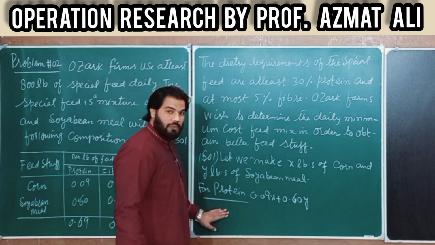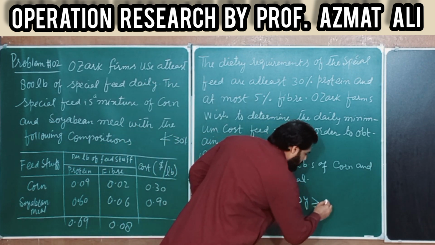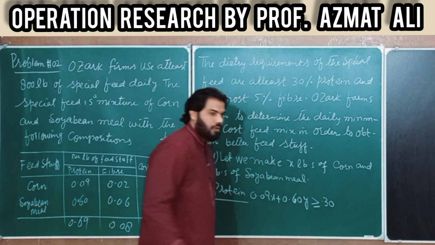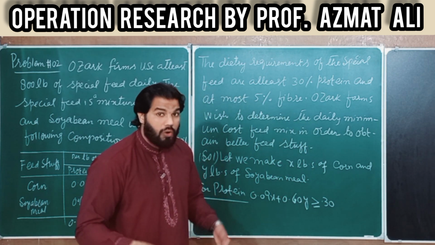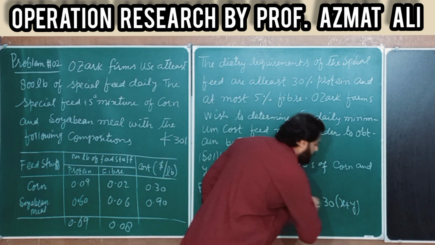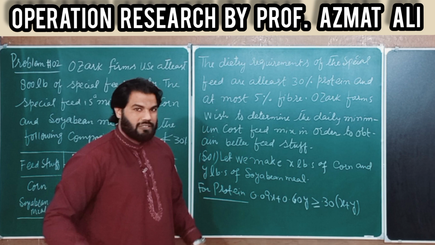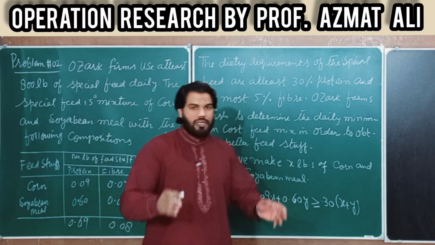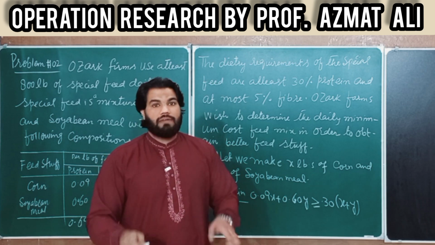So your protein must be greater than equal to 30%, that is 0.30. Not 0.30 only, this will be 0.30 of total quantity that we make here.